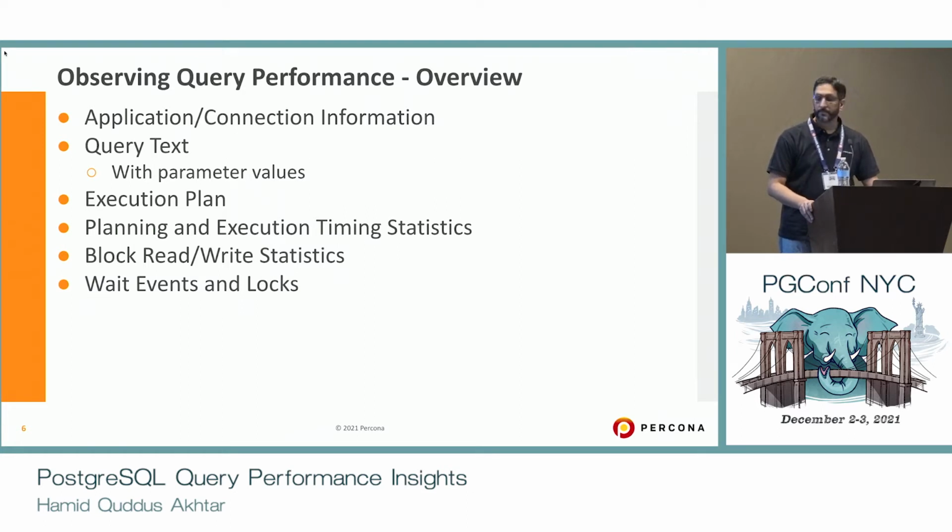So how much time was taken in planning, how much time was actually taken in execution, and what the I/O operations for blocks were. Statistics on those are also important to understand because you might be fetching the same amount of data, but where you're fetching it from, whether it's from cache or from disk, is also a key consideration when we are evaluating the performance.